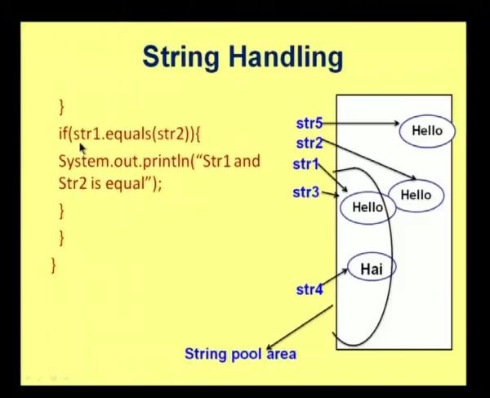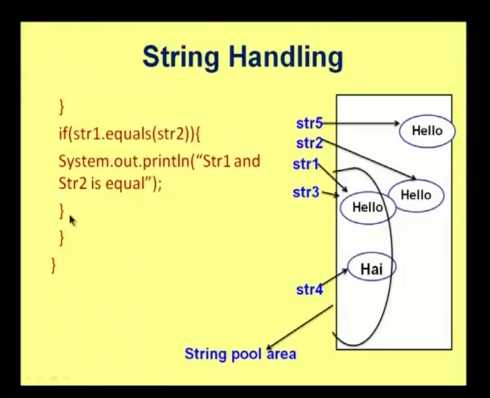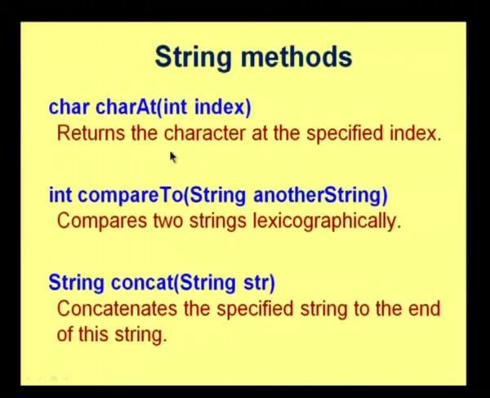Whereas if I check whether the values of string 1 and string 2 are equal, then the values will be equal. This means that your value is equal, whereas here it means that your object is not the same object. So this is for comparing your object and this is for comparing your value.